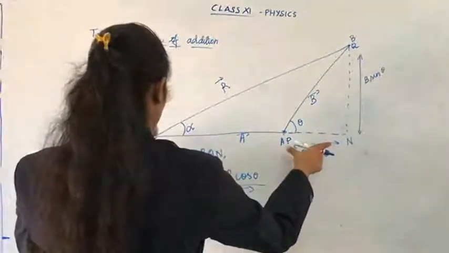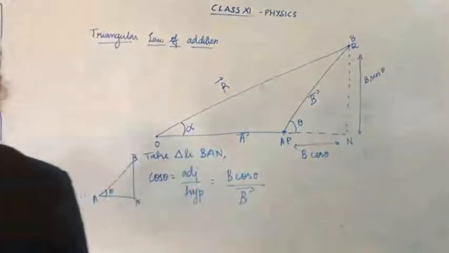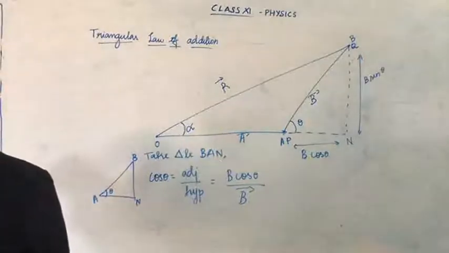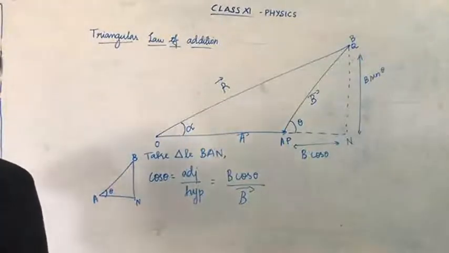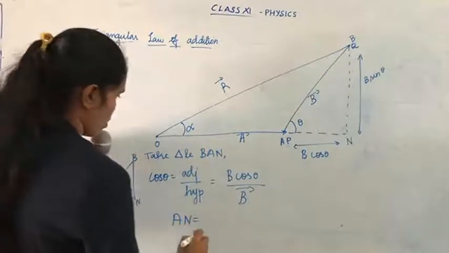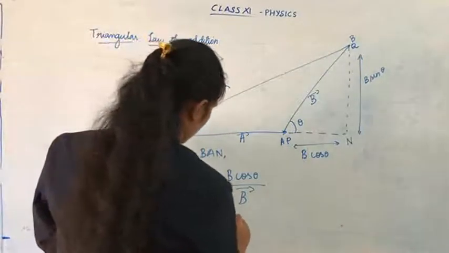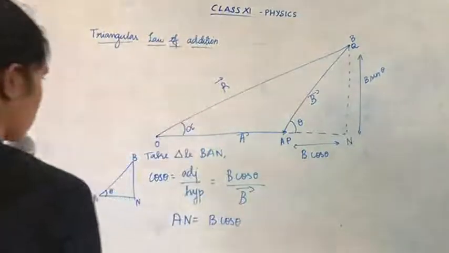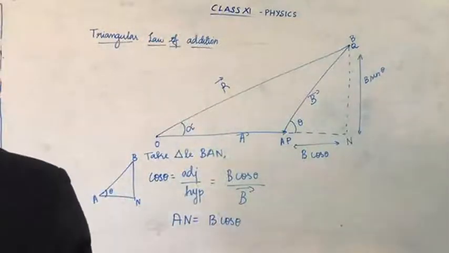This adjacent side is written as AN. So AN equal to B cos theta.